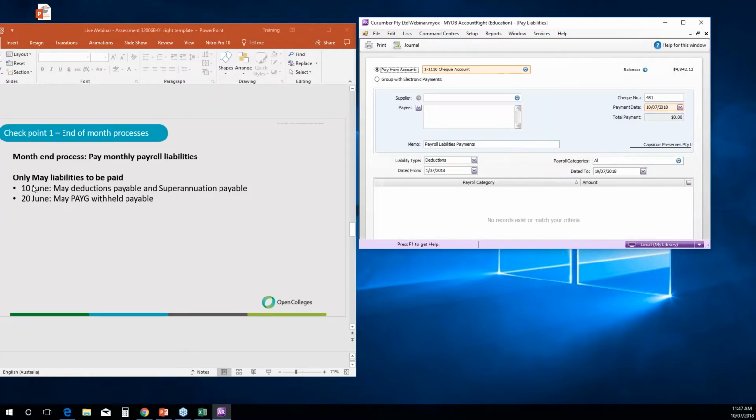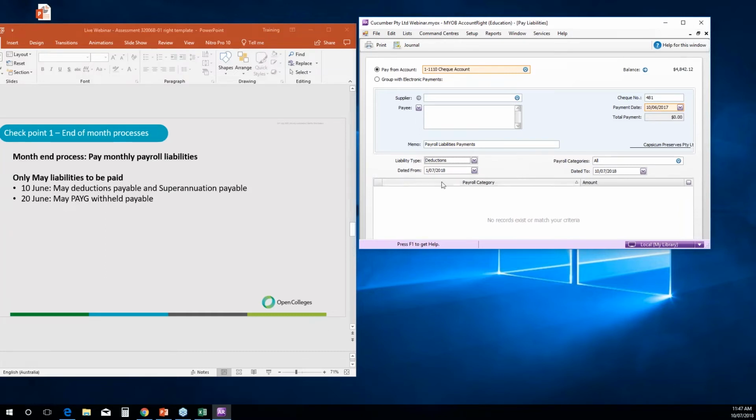Today is 10th of July, but let's change the payment date to 10th of June 2017. So nothing comes up.